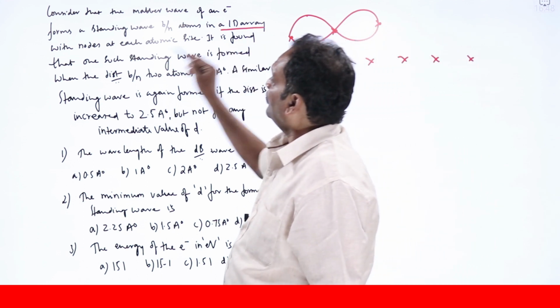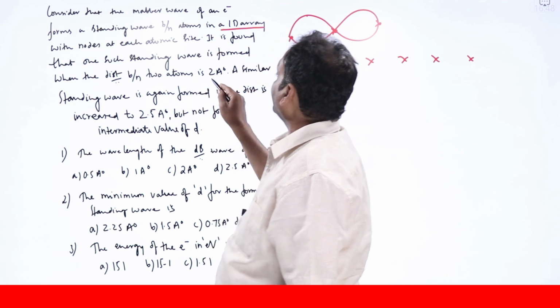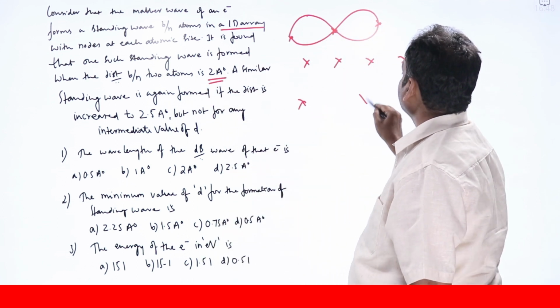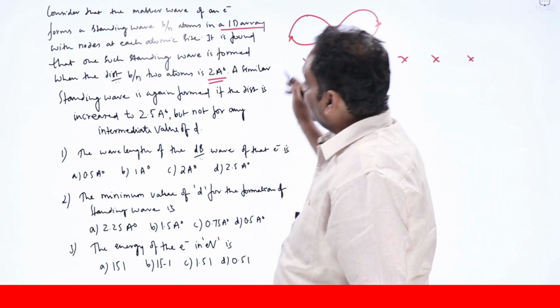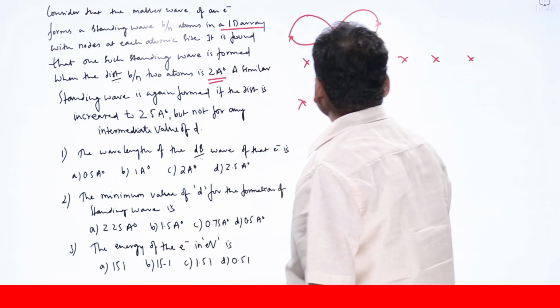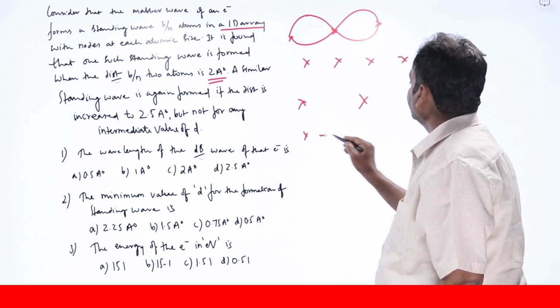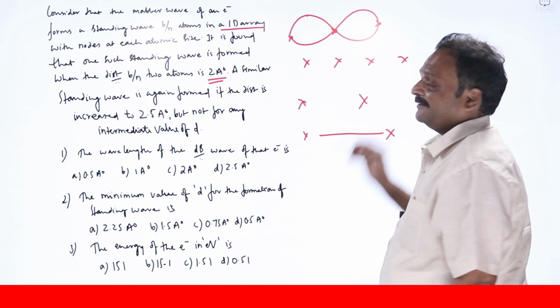It is found that one such standing wave is formed when the distance between the 2 atoms is 2 angstroms. A similar standing wave is again formed if the distance is increased to 2.5 angstroms.